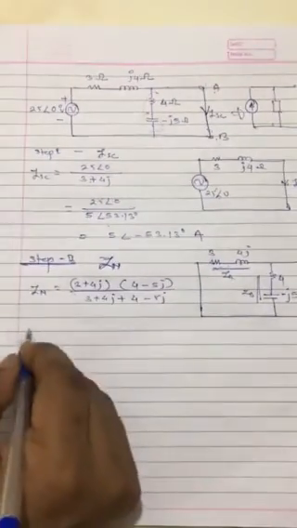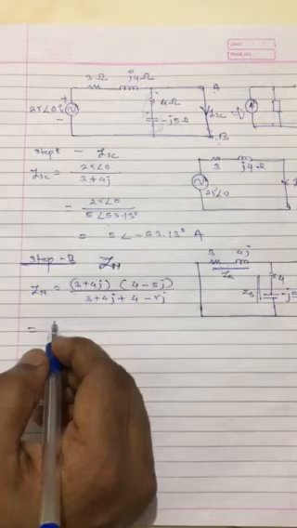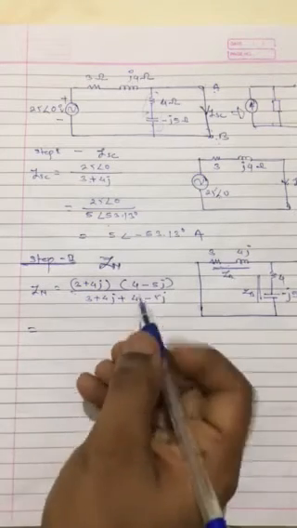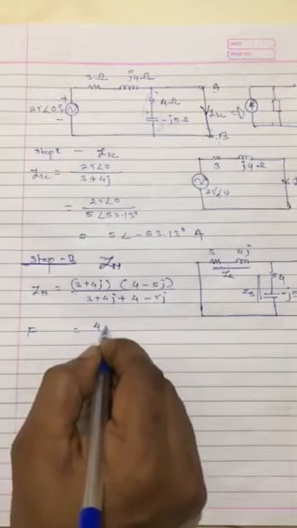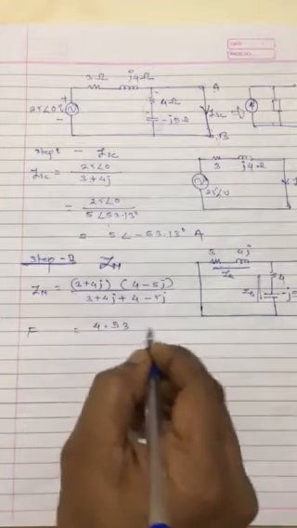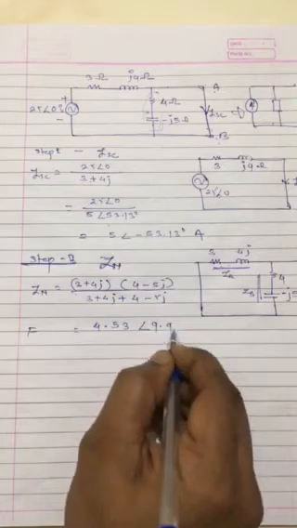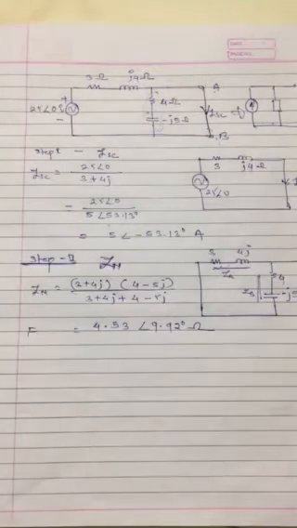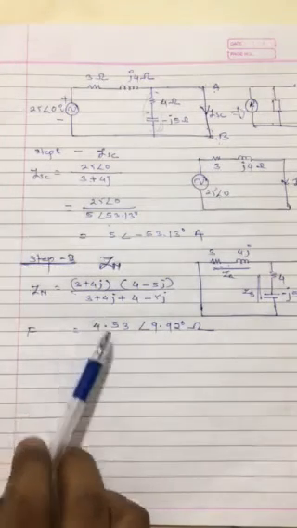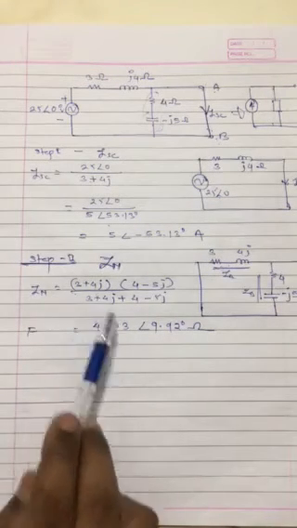If you wish, you can put it in polar form, or directly find the answer and convert it into polar form, which is nothing but 4.53 at an angle 9.92 degree ohm. This is the impedance. Finding this value is not difficult.